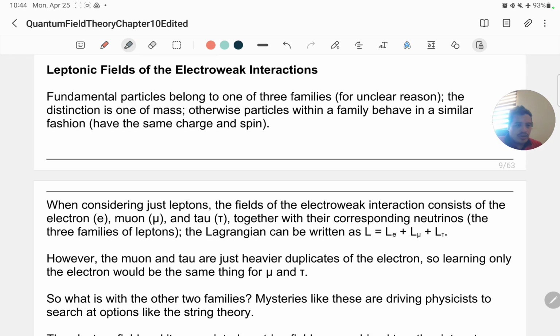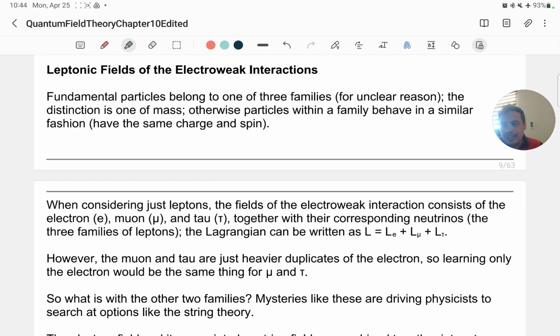So again, basing on the standard model, fundamental particles belong to one of three families, and why there are three families is not yet explained so well in the standard model. The distinction for each family is categorized by masses.